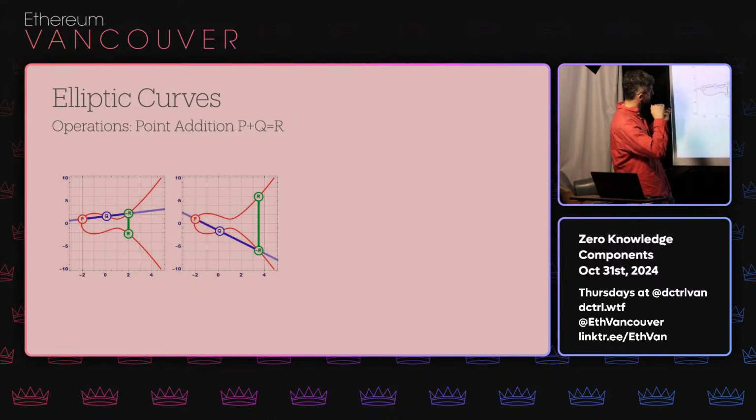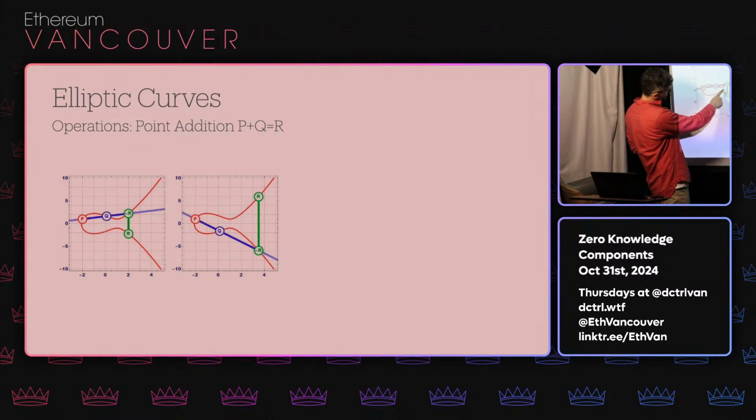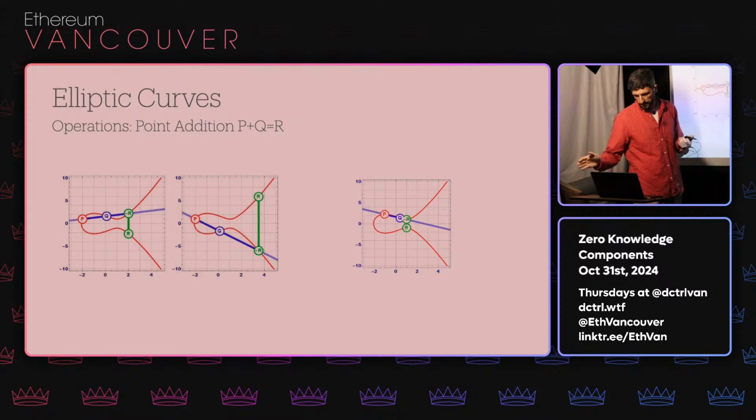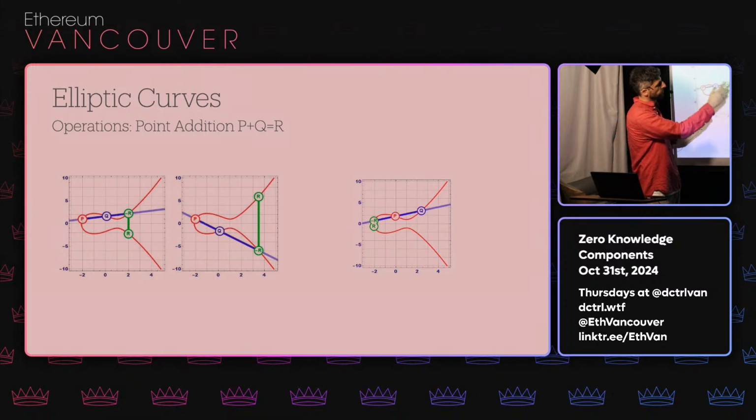You need to draw a straight line through those 2 points, and at the intersection with the elliptic curve, you will get the negative result of this addition, and you need to flip the y coordinate, and it will be your final result, which is a new point on the curve. And this principle is applied across all the points on the elliptic curve.